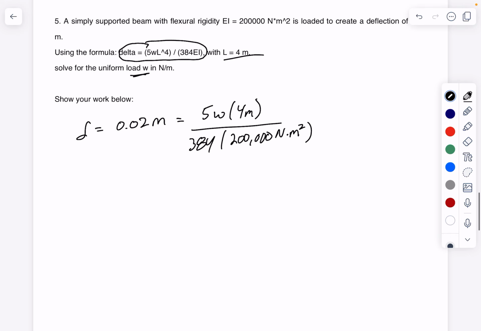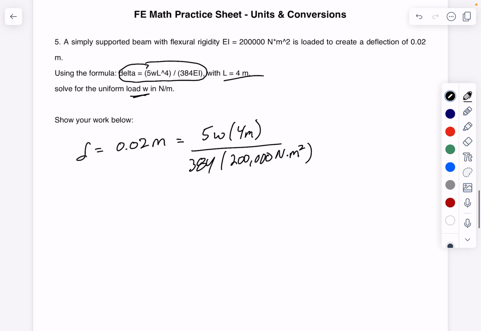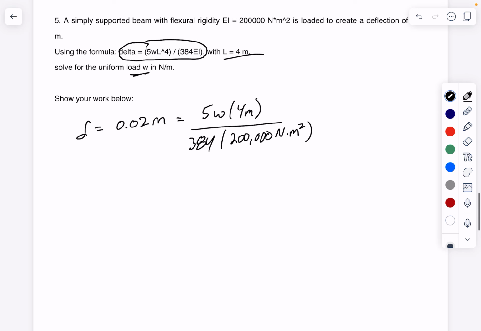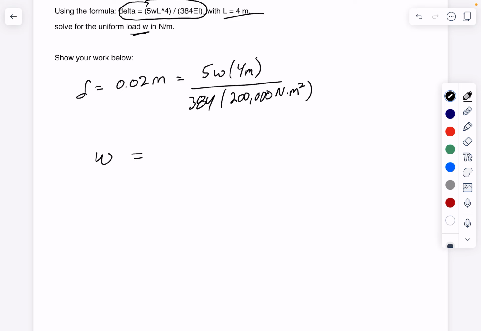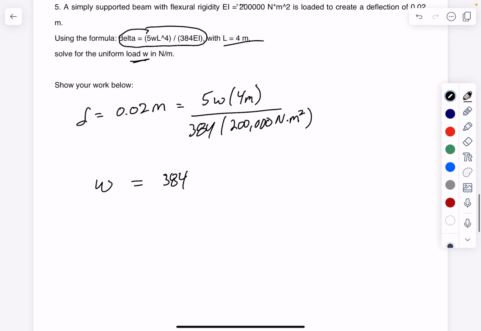Then what we know is we know that W should be in newtons per meter. Okay, so let's go ahead and solve for W. Sometimes it's helpful to do the numbers first.